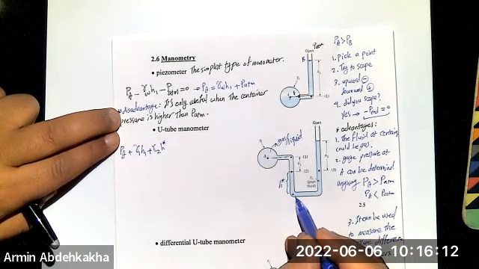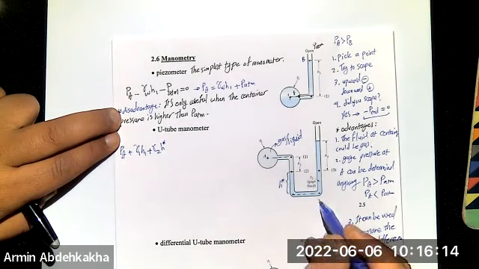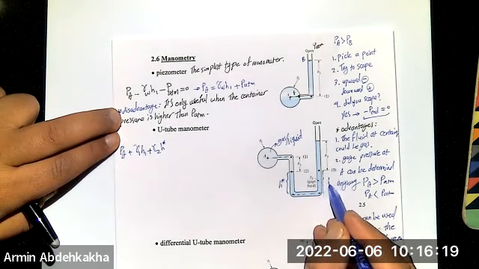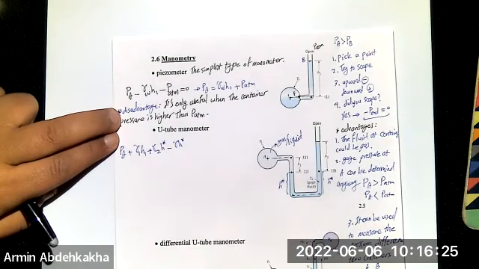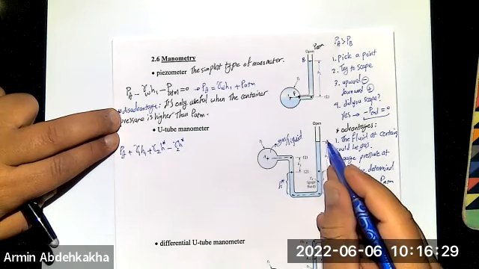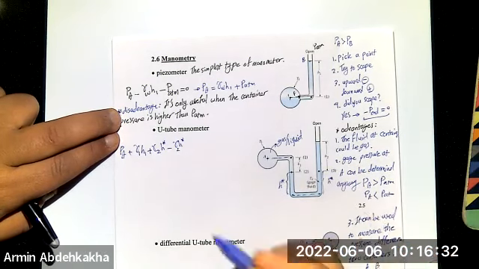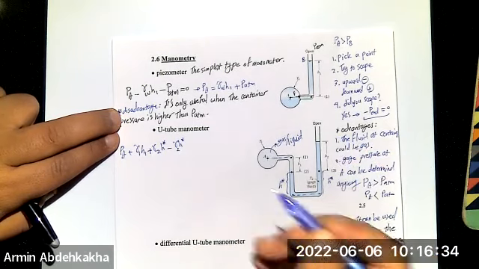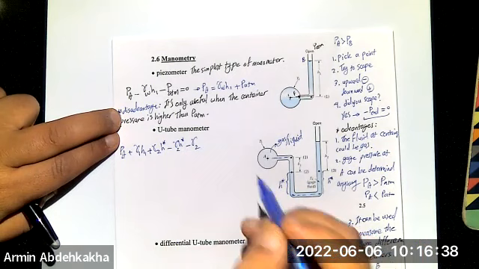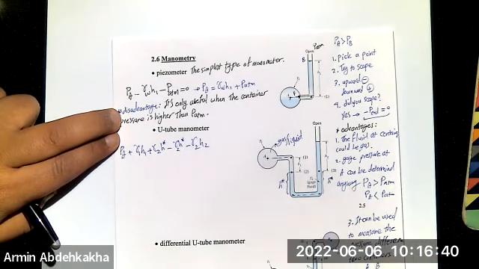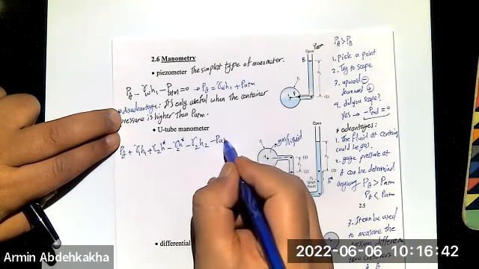You're here. Let's move on to the other side, right? Nothing changed, but then you're going to move here. This is also H star. You're going upward, so minus gamma 2 H star. Then from this point, you are moving here to escape. So from point 3 here, you have gamma 2, again negative, gamma 2 H2. You escaped? Yes. So minus P atmosphere equal to 0.